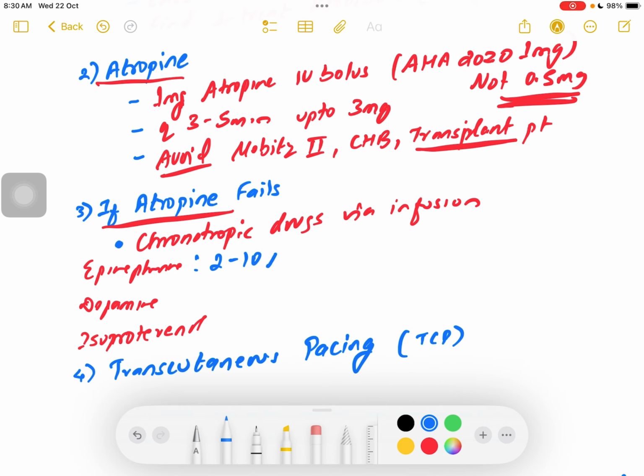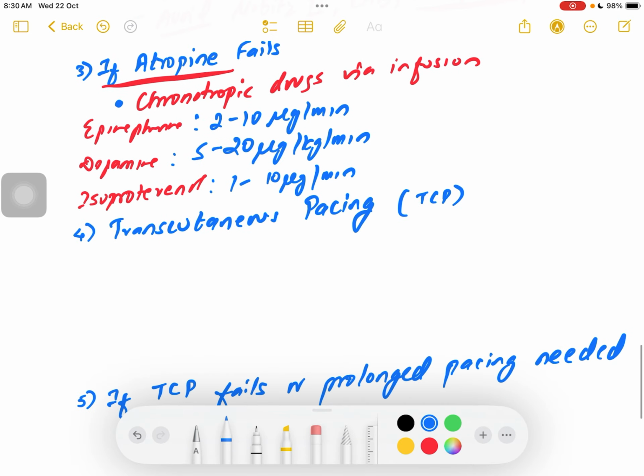We put the patient on a cardiac monitor, open an IV line, do an ECG, and try to find and treat reversible causes if possible.